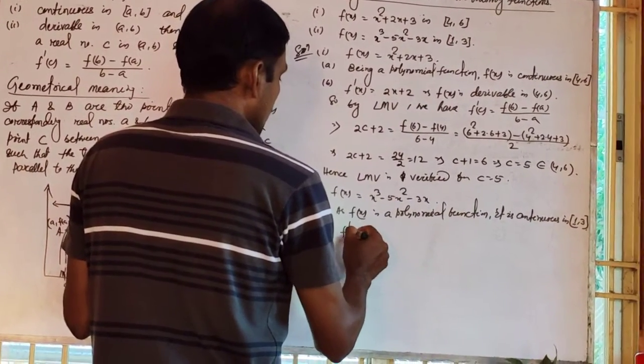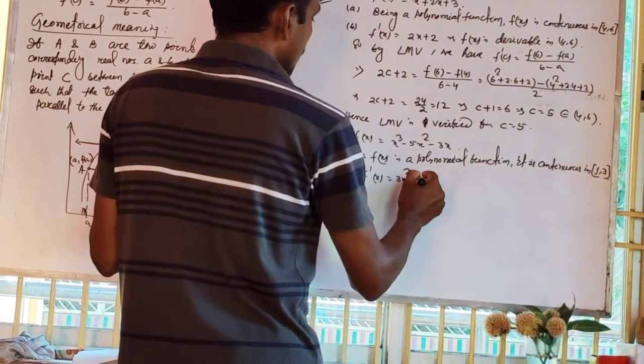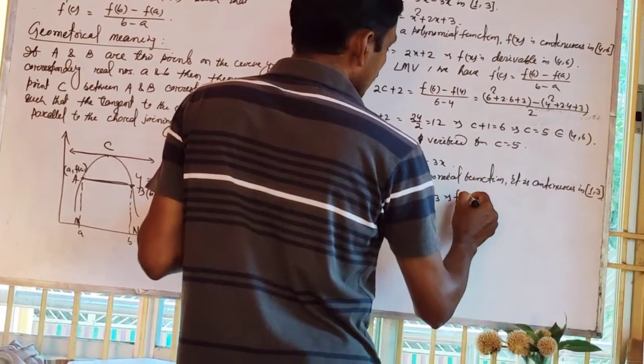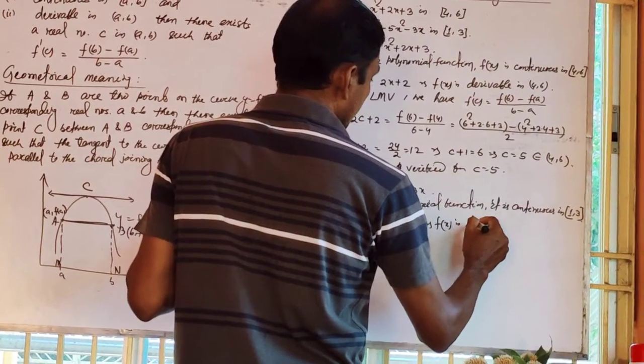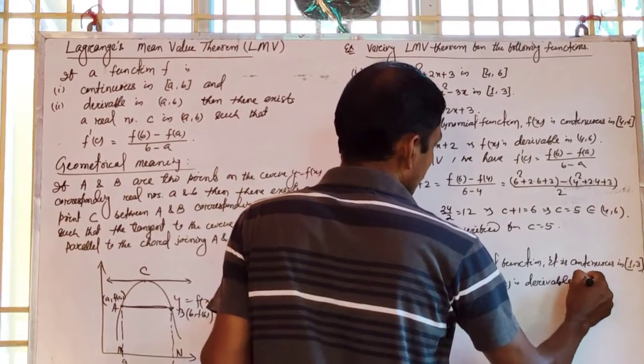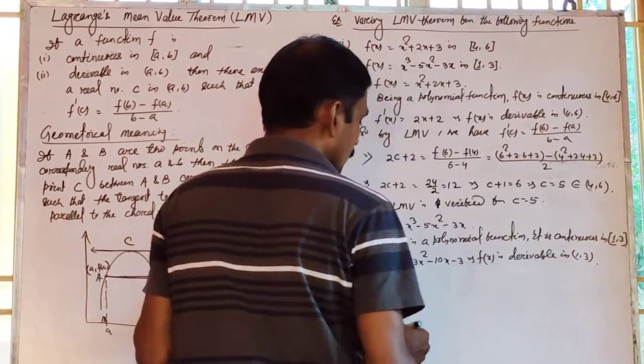Then f dash of x is 3x square minus 10x minus 3. That means f of x is derivable in the interval 1 to 3.